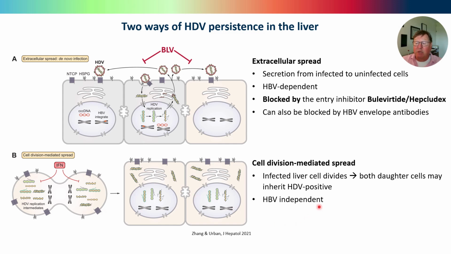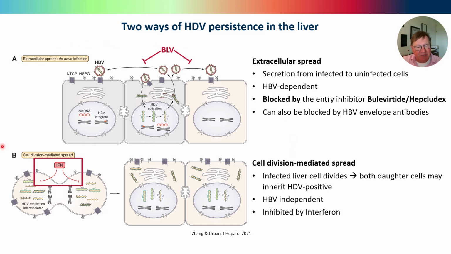This is an HBV-independent process that may occur in the liver, but this is inhibited by interferon. And if we block both of these spreading pathways, we have good chances to eliminate that virus. And you will learn more of that from the further lectures where we have the therapeutic effects.